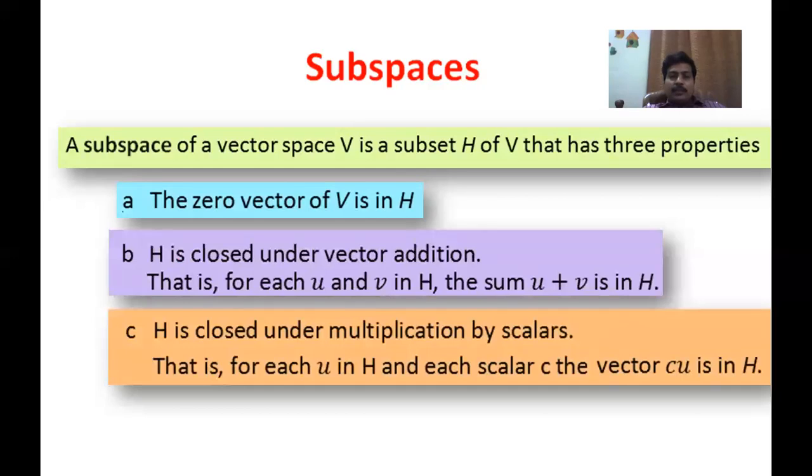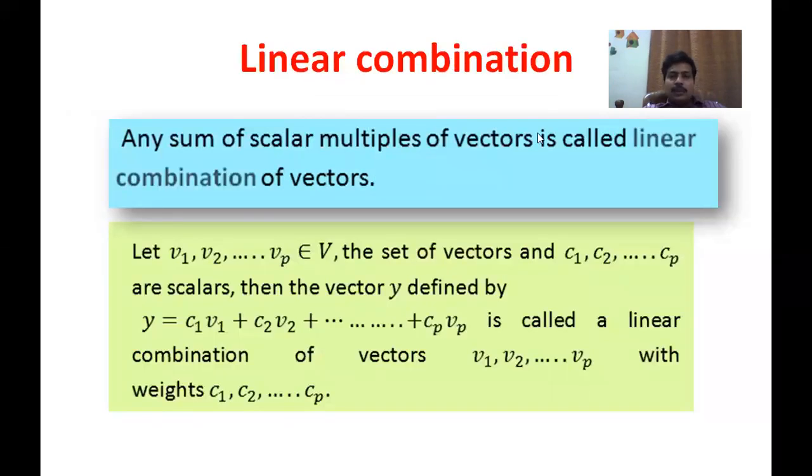Being a subset of the original vector space, we call it a subspace of the original vector space. And this is one more definition which we have come across: linear combination. Any sum of scalar multiples of vectors is called a linear combination of vectors. Using mathematical notation, let v1, v2, and so on, vp belong to V, the set of vectors, and c1, c2, cp be scalars.